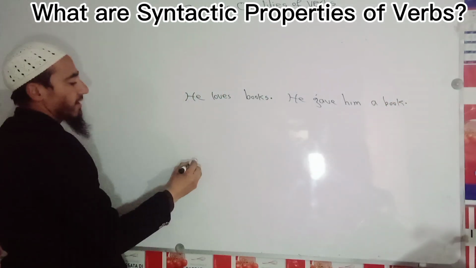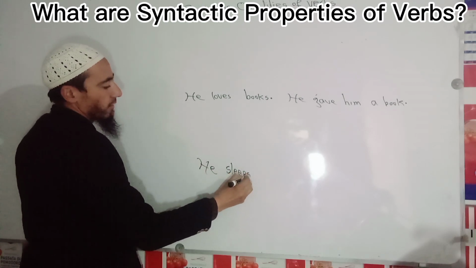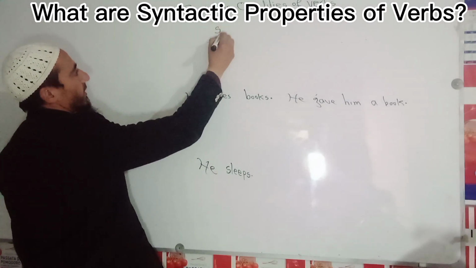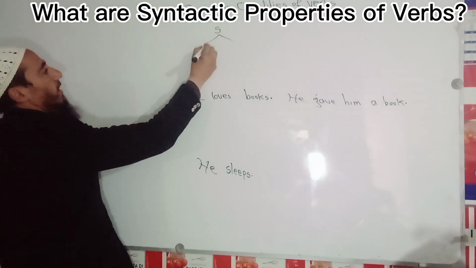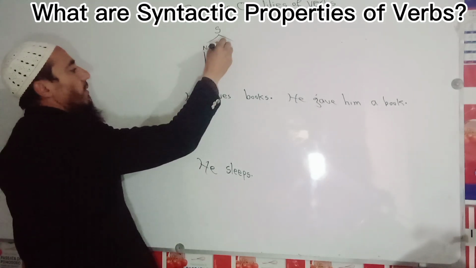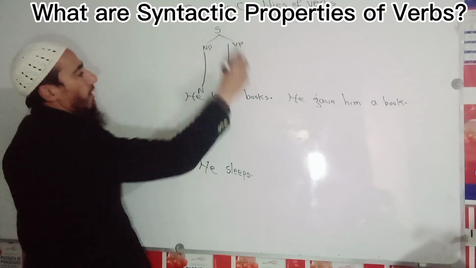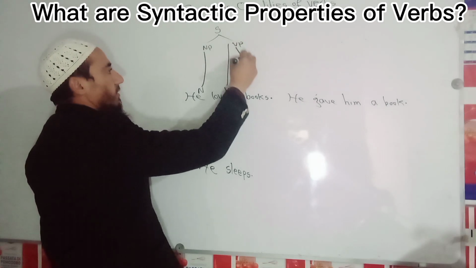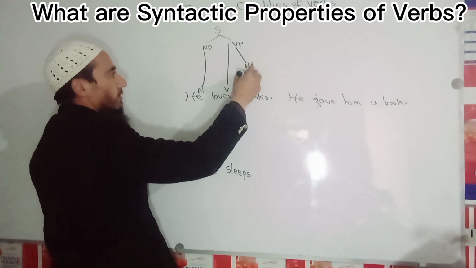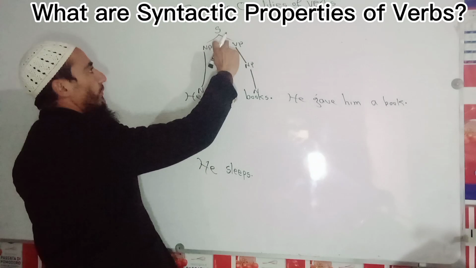And the third sentence is: he sleeps. So the tree structure of the first would be: here we have S, meaning sentence, and in the sentence we have NP and VP. In NP we have he, that is N, and in VP we have the verb, that is V. So I'm writing here VP. In VP I'm taking the structure NP, and in NP here we have only books, that is N. This is one sentence.